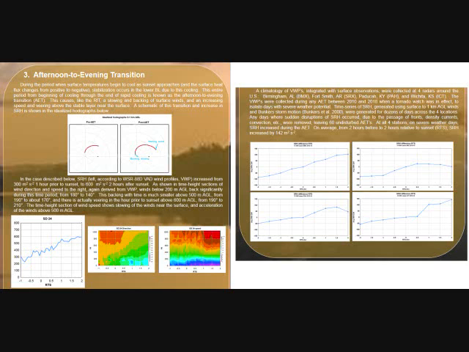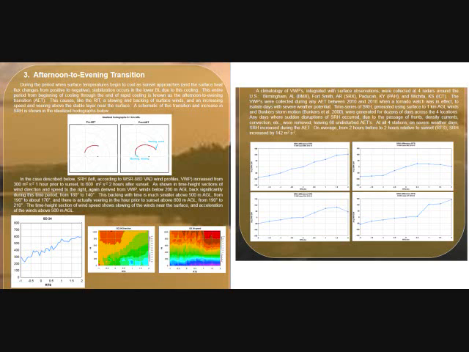Here's a schematic of that. Basically, pre-AET, you see a profile here, and then post-AET, you notice that the winds have backed and slowed a little bit at low levels, but up here at 1 kilometer, they have veered and accelerated. Both of these processes tend to lengthen the hodograph, increasing storm relative helicity.